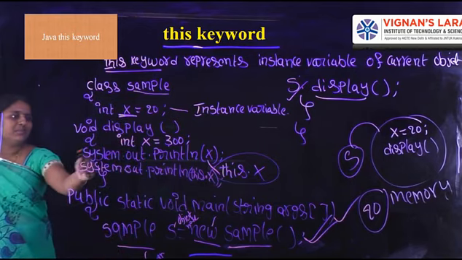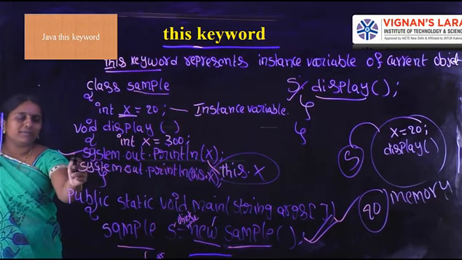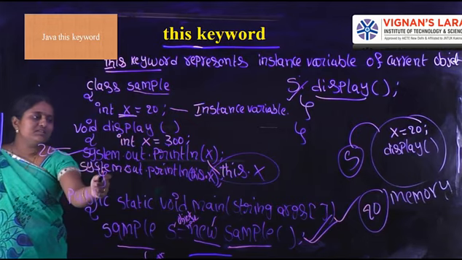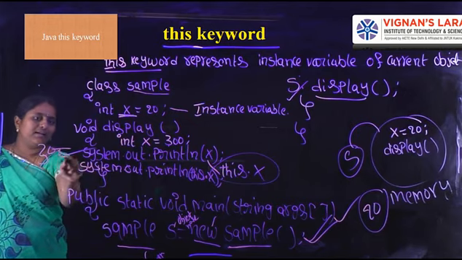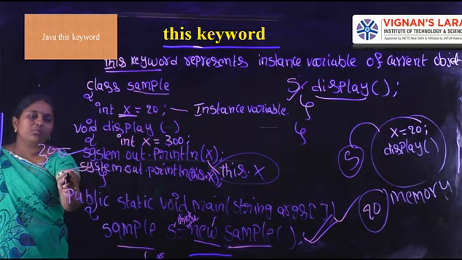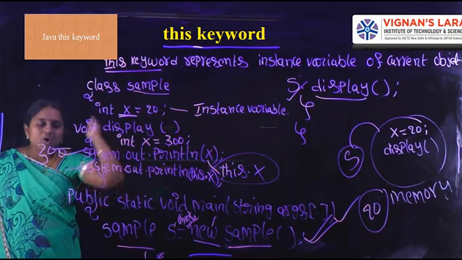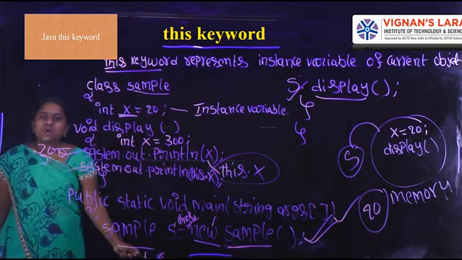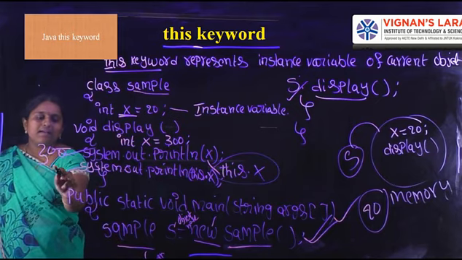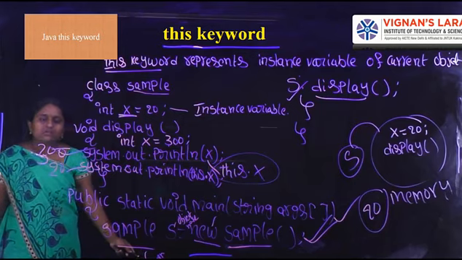In this statement, System.out.println x, what is the output? 10. Sorry, 20. In this statement it is 300, because it is a local variable. And in System.out.println this dot x, this always represents the instance variable of the current object. So here the output is 20. This is the this keyword in Java.